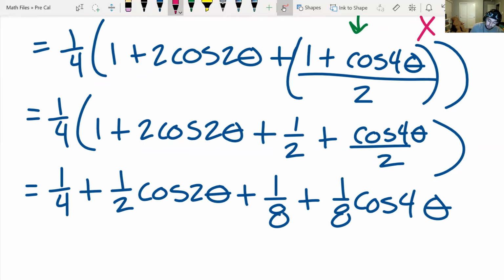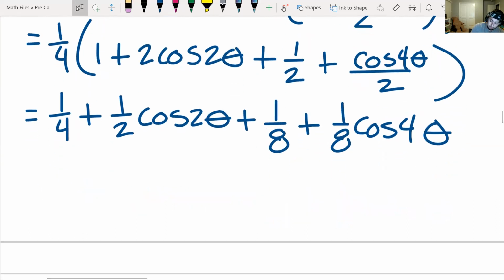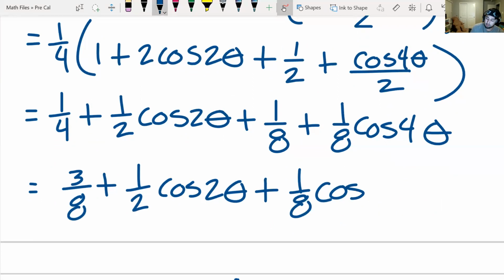And now, all I want to do to finish this up is add this 1/4 and add that 1/8. 1/4 plus 1/8, 3/8, right? So we get 3/8 plus 1/2 cosine 2 theta plus 1/8 cosine 4 theta. There it is, kids.